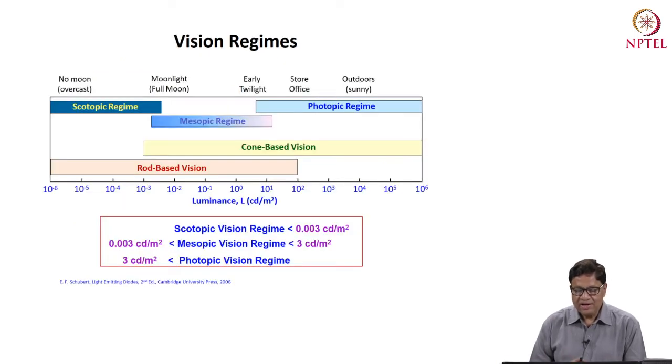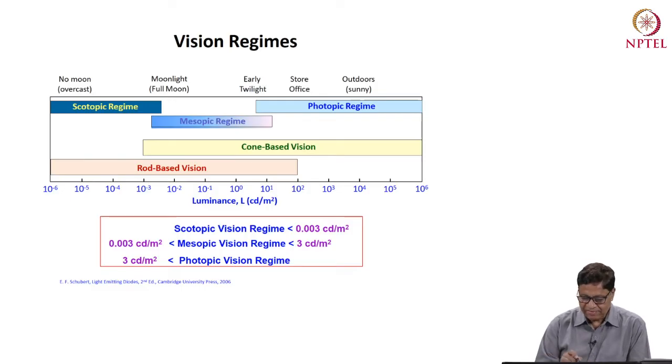There are different regimes. I am referring basically to the visible part of the spectrum, which is divided into regimes. The photopic regime is where you have a good amount of light, a well-lit situation, for example outdoors when sunny, in a store where a lot of lighting is there, or early twilight.